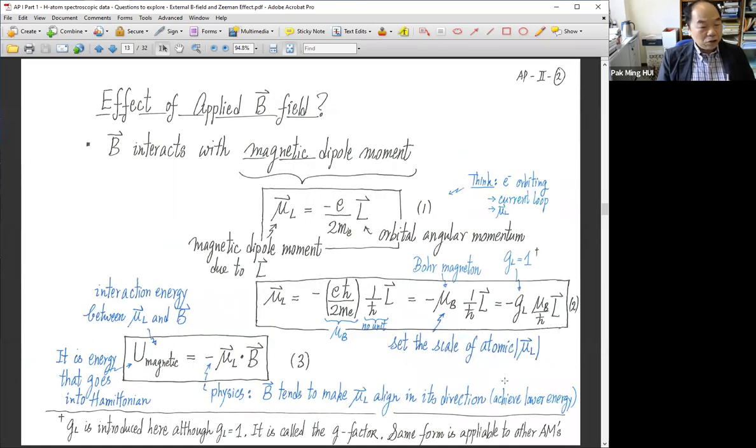Then I would like to remind you how to think about the effect. Take hydrogen. We have a nucleus, we have an electron.